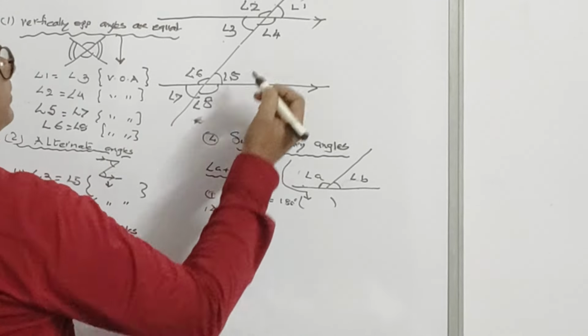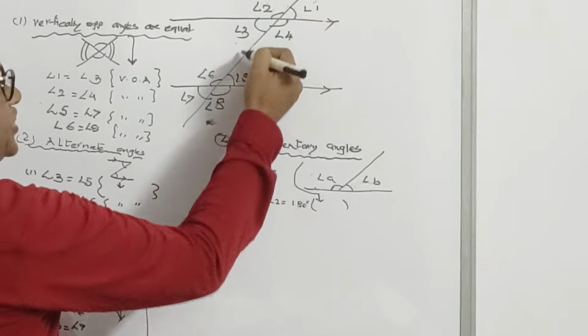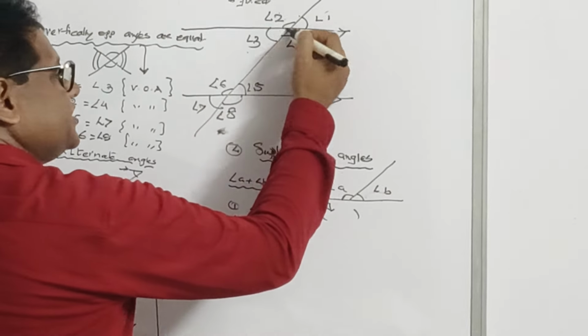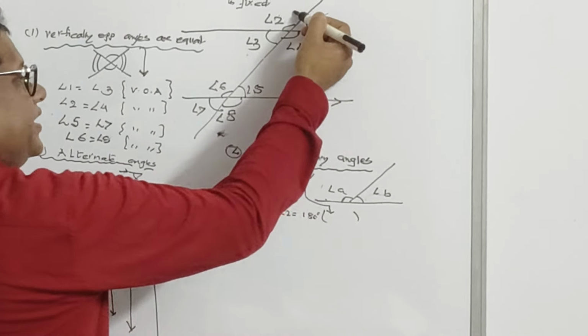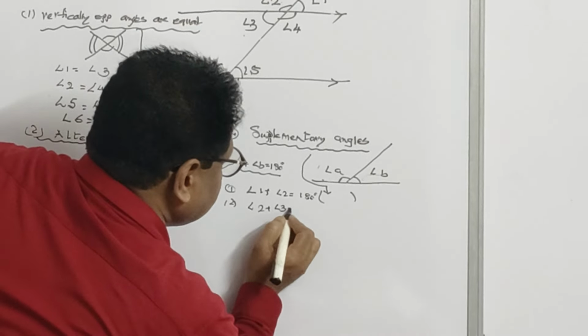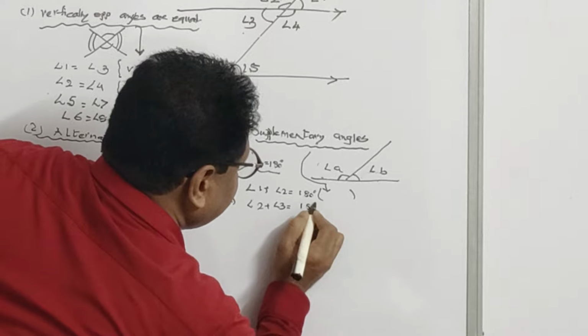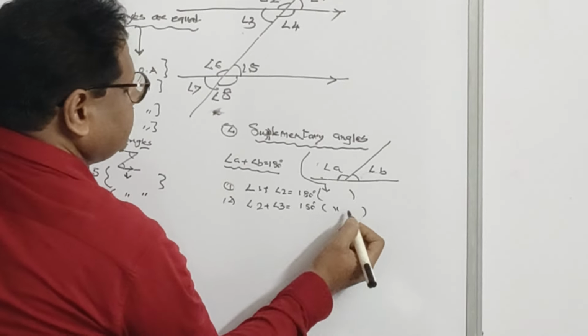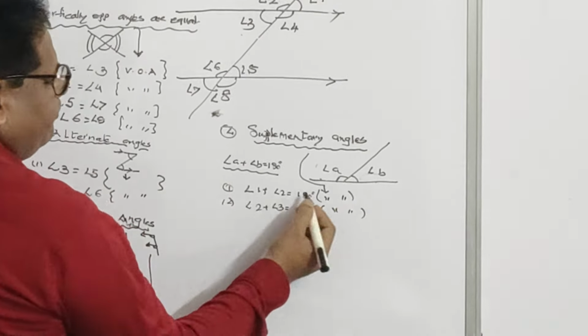The second pair, angle 2 plus angle 3, because this is a straight line and this is another straight line meeting here. So we can write the sum of angle 2 and angle 3 adds up to 180 degrees. The reasons have to be supported for every statement.